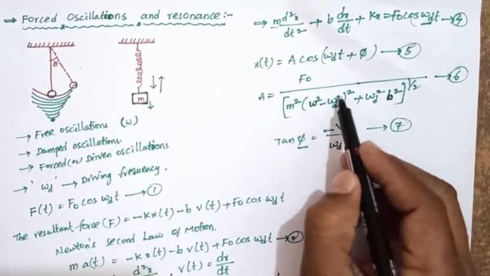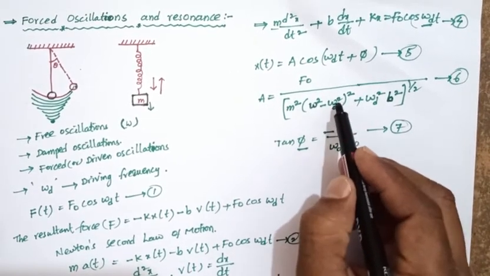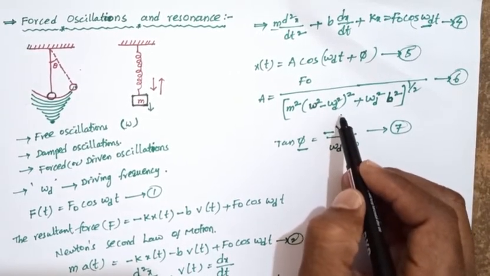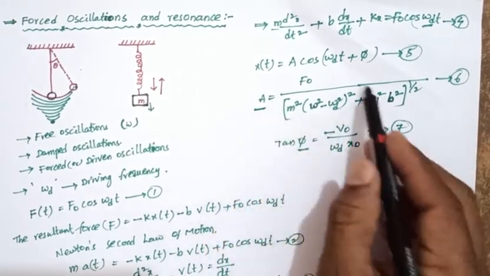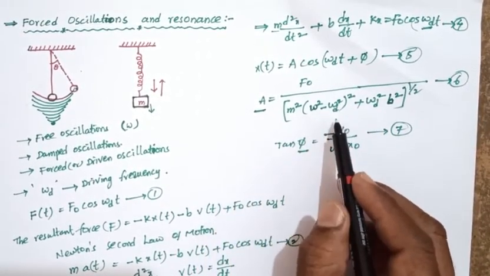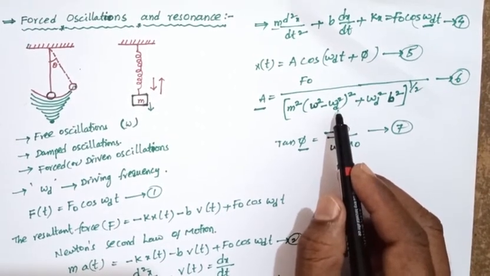Only omega d, the angular frequency of the external agency, varies. So this amplitude depends only upon the angular frequency of the driven oscillator.